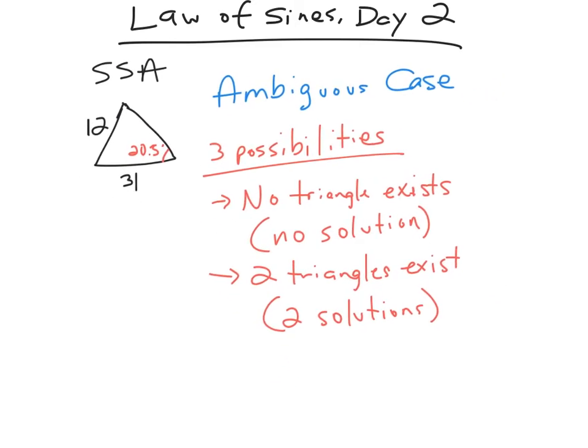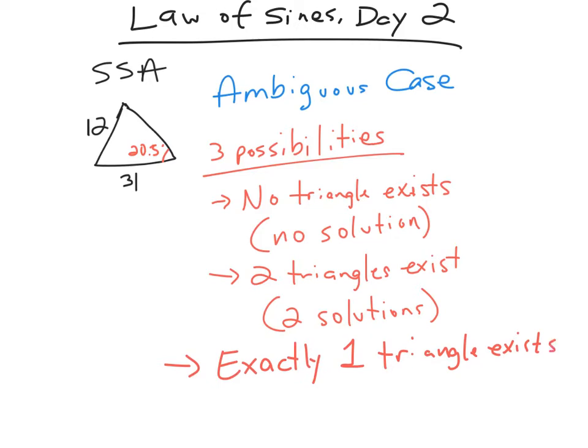And then the third possibility is that there is only one triangle, or in other words, exactly one triangle. And that means that we will simply have one solution.